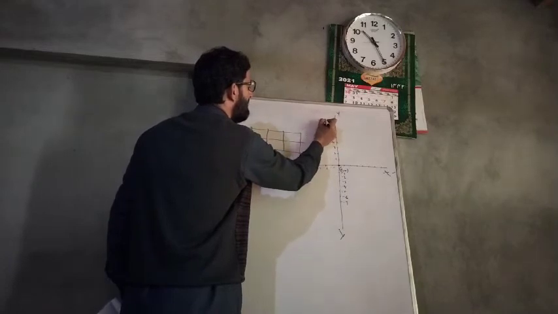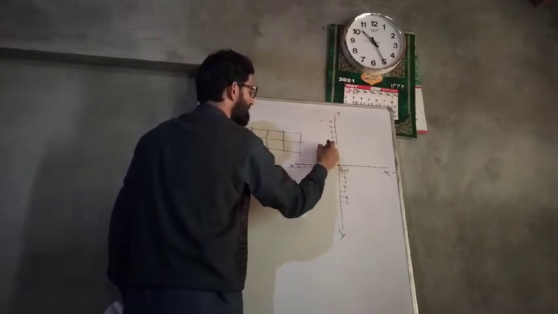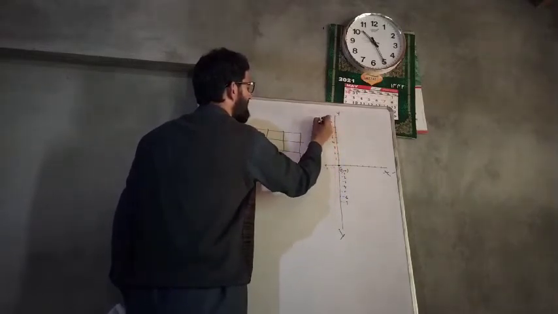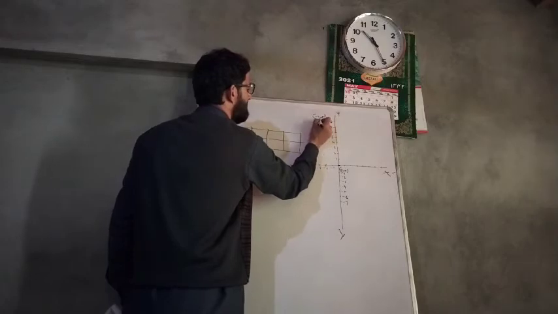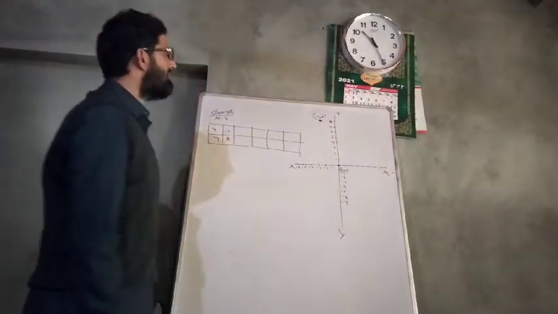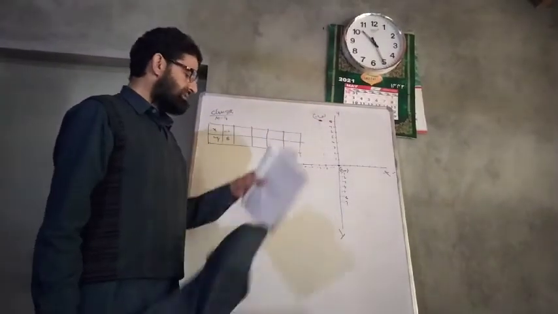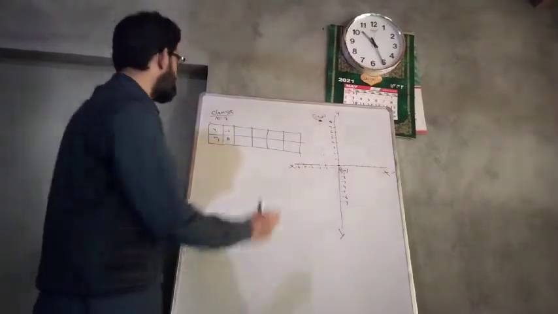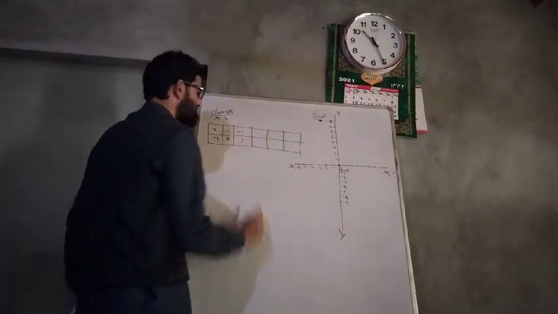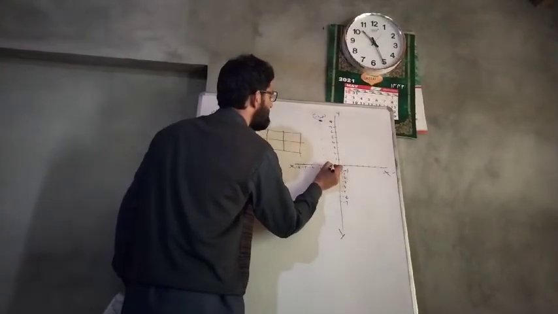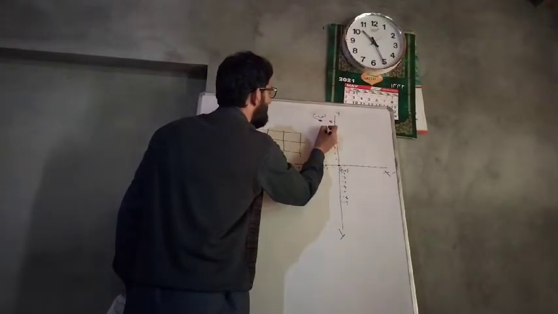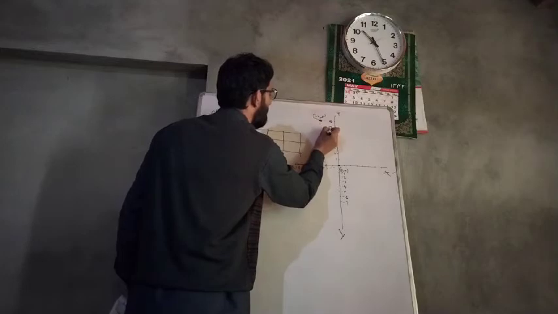So this is the point that represents -2 and 8. Similarly, the second point is -1, 7. Obviously, -1 is this and 7 is this. So this point is -1 and 7.